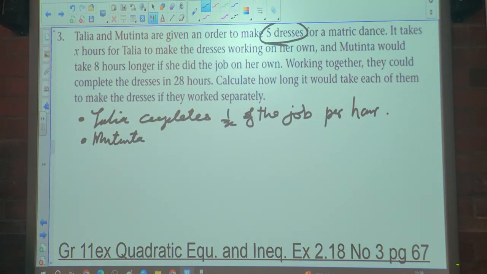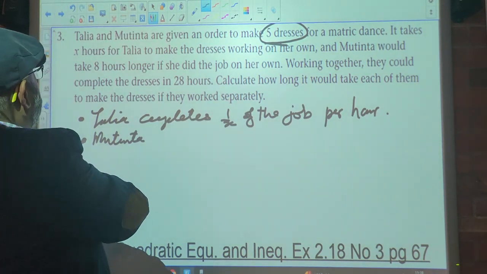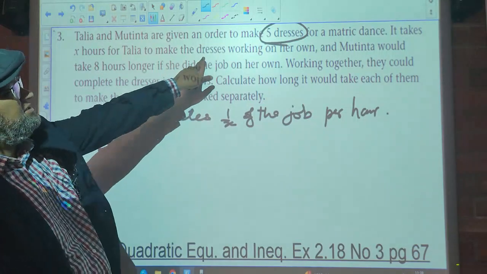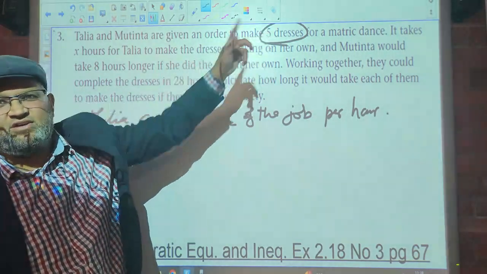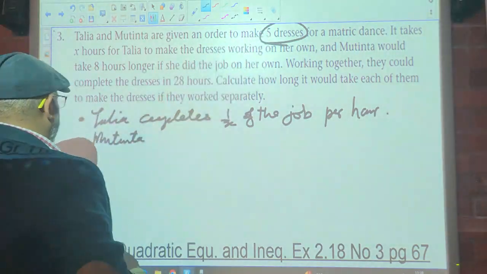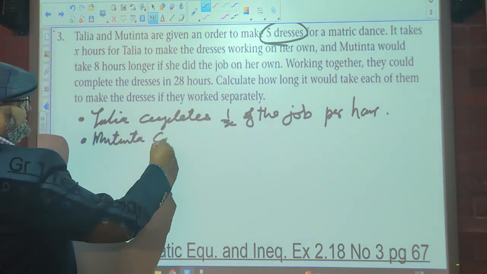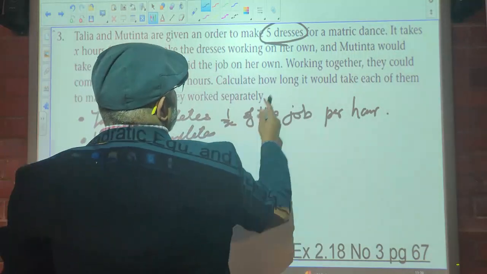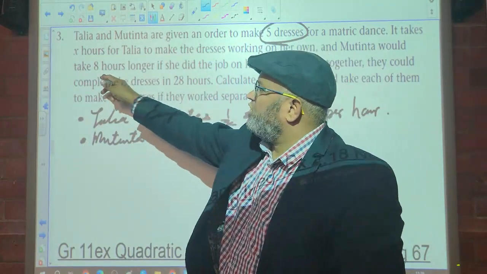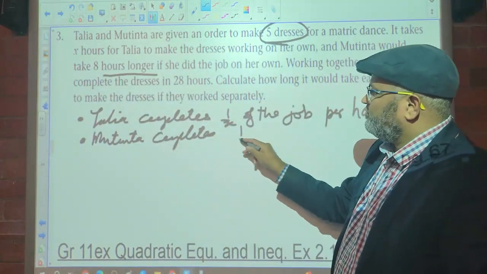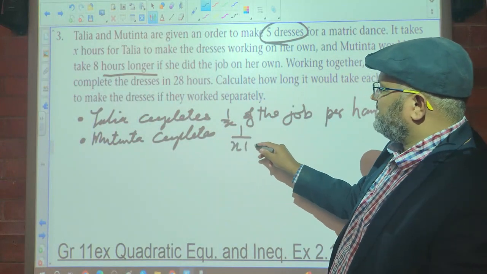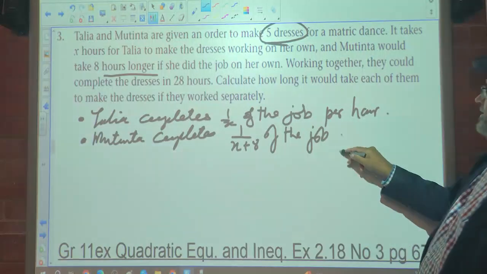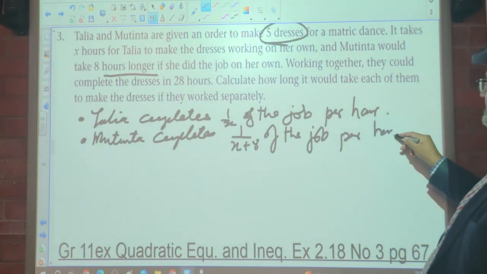So it says here, it takes X hours to make the dresses, so it's referring to the 5 dresses. Okay? Mutinta completes, it takes her 8 hours longer, so it will be 1 over X plus 8 of the job per hour.